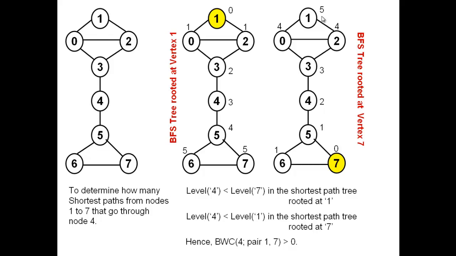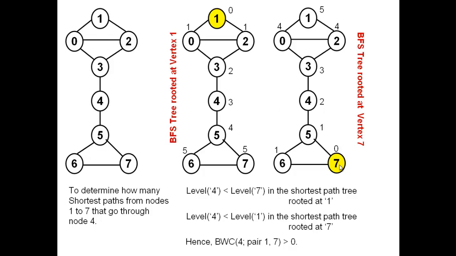Now what is the other, number of nodes that go through between 1 and 7. Okay, so the level number of 4 is less than the level number of 1 in the shortest path tree rooted at vertex 7.